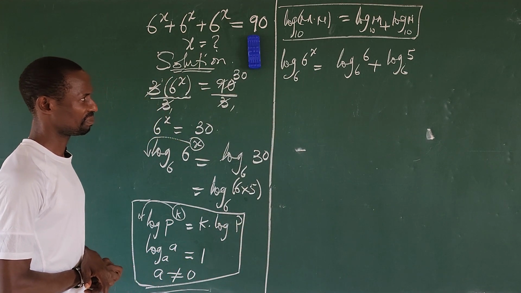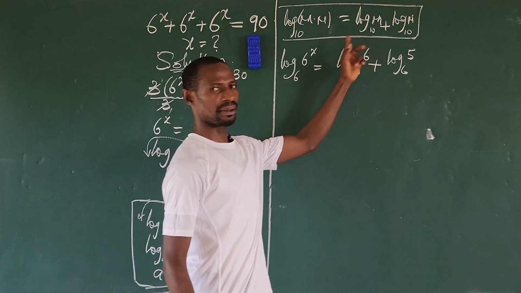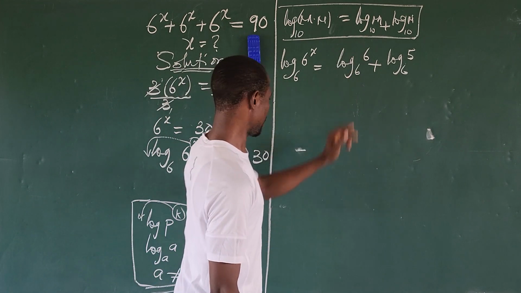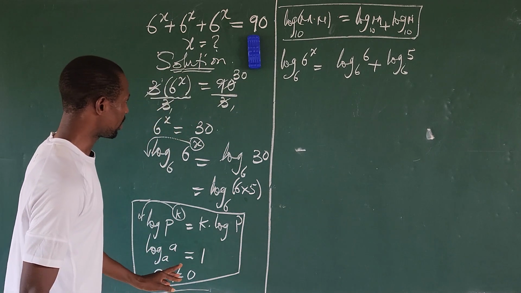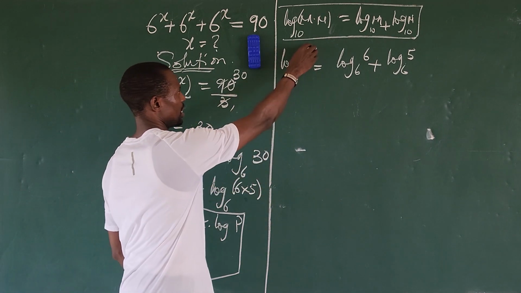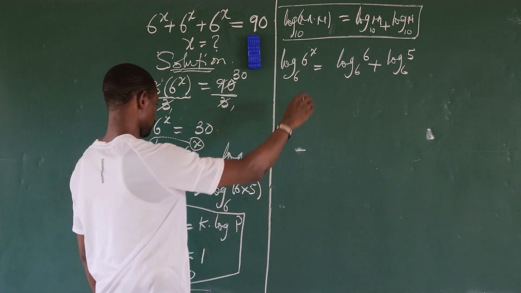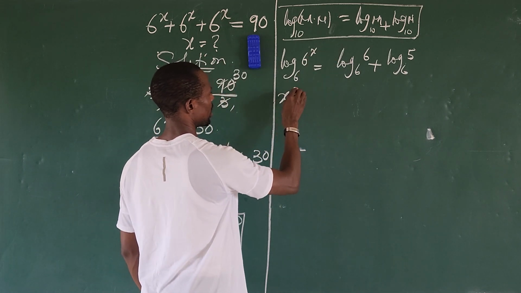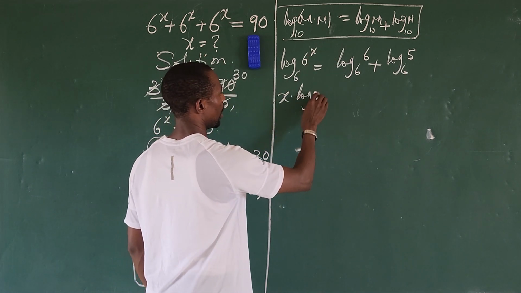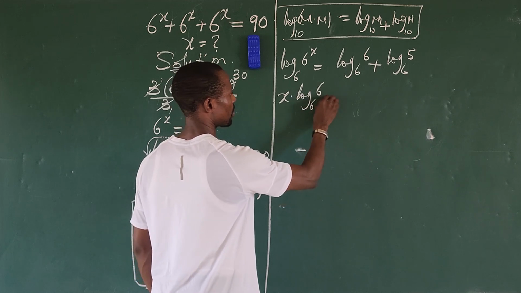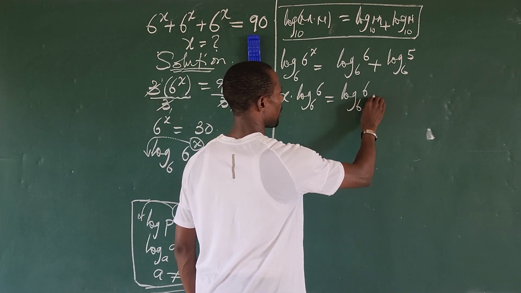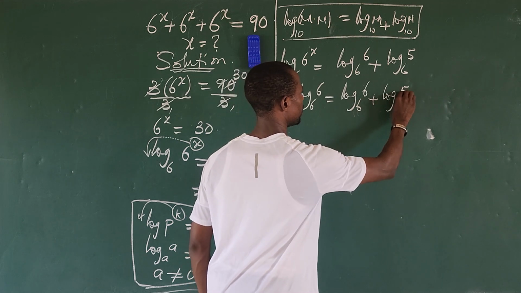Easy. So we just apply this law to this part here to give us this. Now we can come up with the power law. So we want to move this x, like we said, to the front. So we have x times log 6 base 6. This is equal to log 6 base 6 plus log 5 base 6.